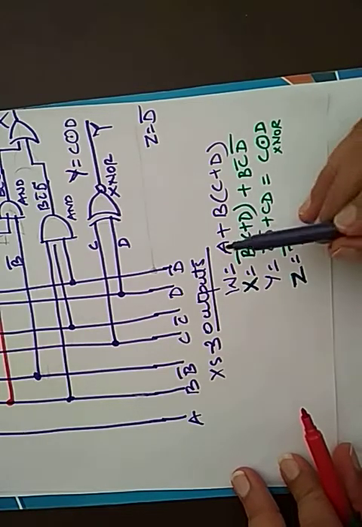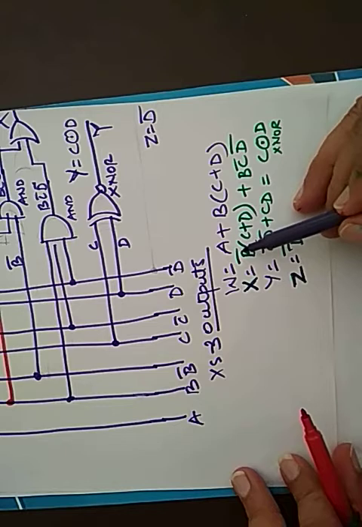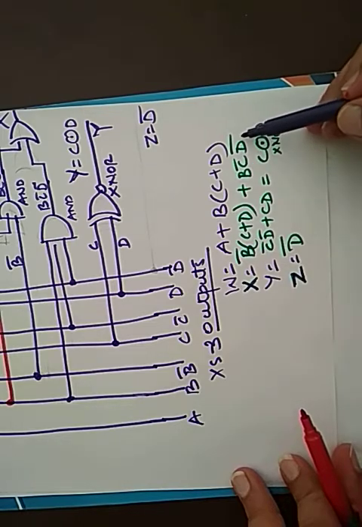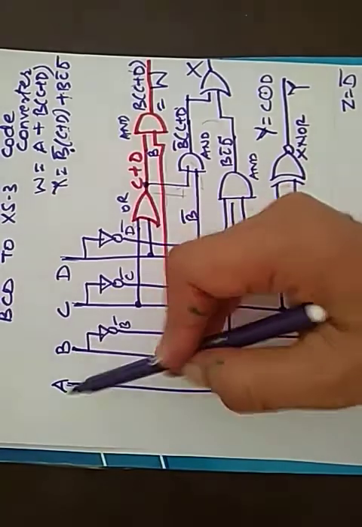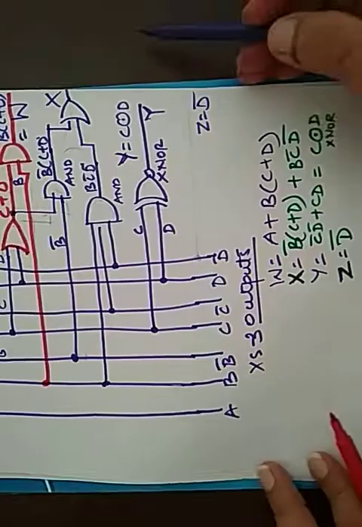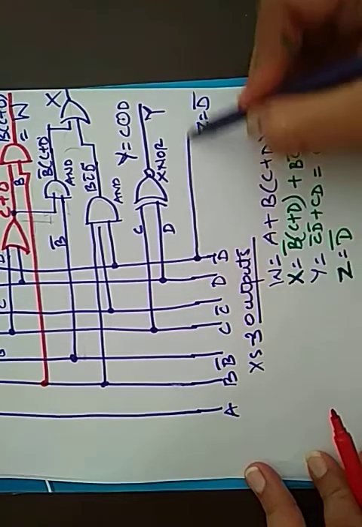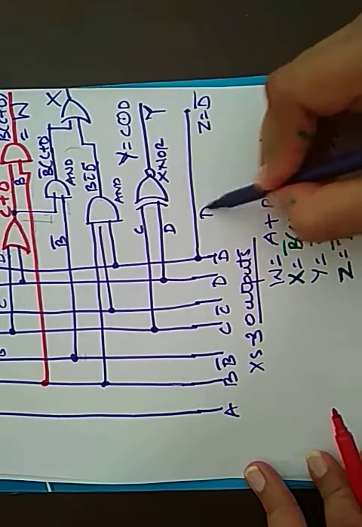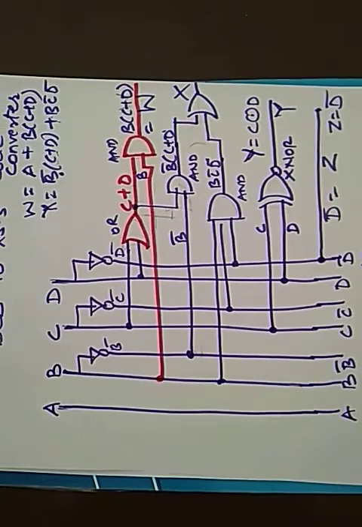We do not need the A bar function anywhere. We need B bar, we need C bar, we need D bar. So we do not put a NOT gate for the A input. So here is the D bar, and this is directly going as the output Z.